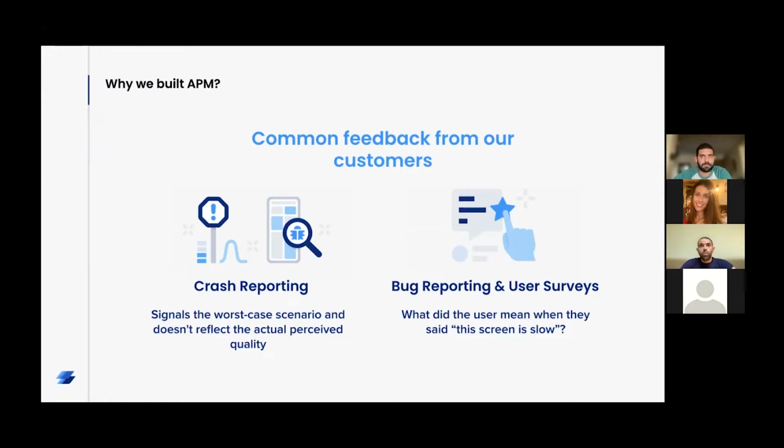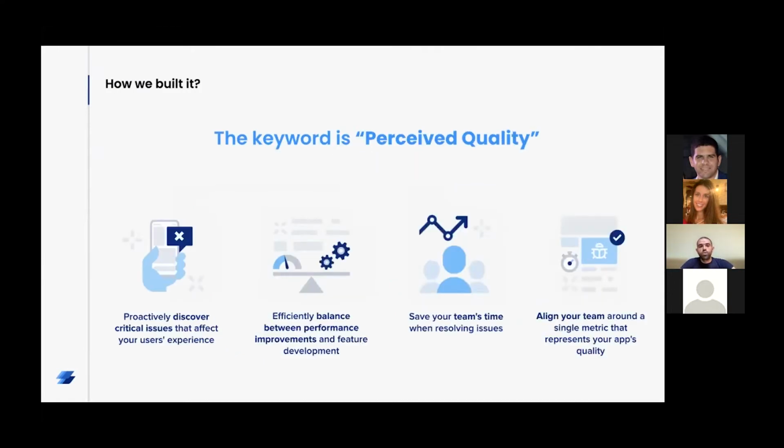So, for example, what does a user mean by saying that the screen is slow or the application's performance is not satisfying? So that was the main drive when Instabug decided to build APM as a product, and the keyword was perceived quality.